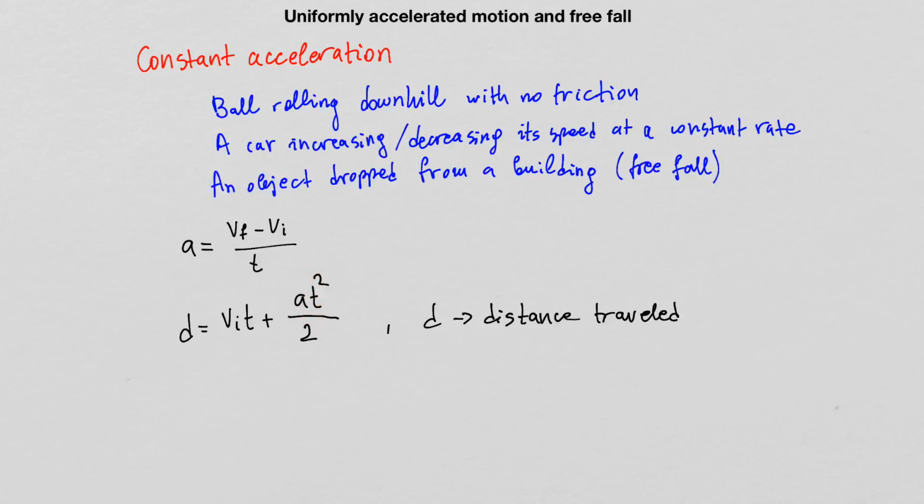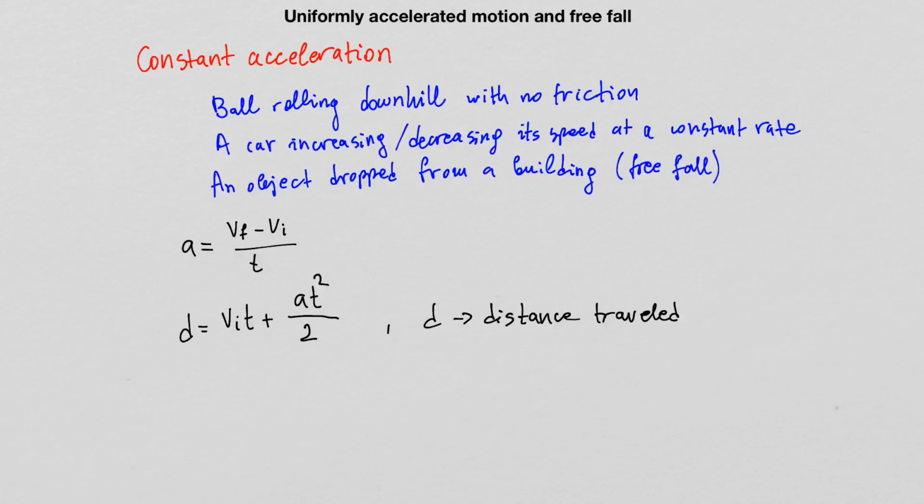This extra term here is the difference between an object that is not moving with acceleration, like the original formula that we discussed at the beginning of the lecture, versus the motion of an object which also moves with acceleration.